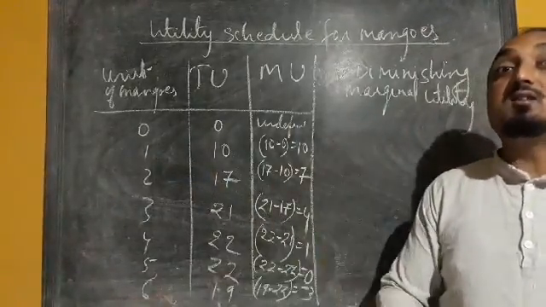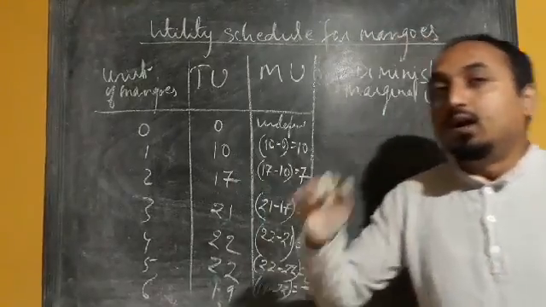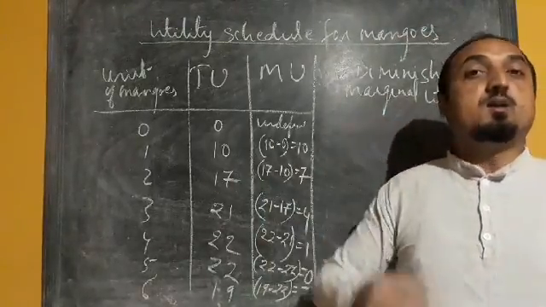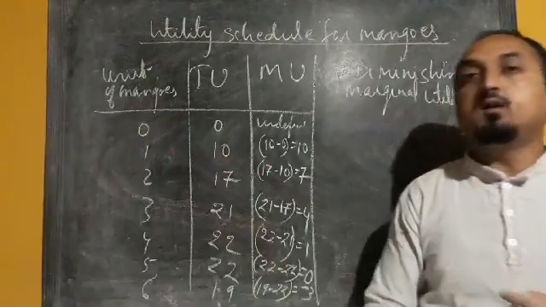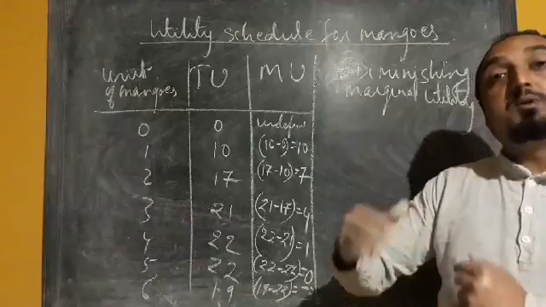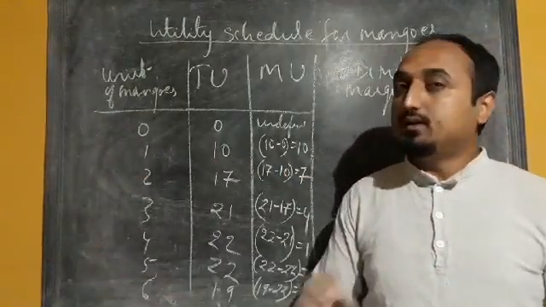That concept is called diminishing marginal utility.